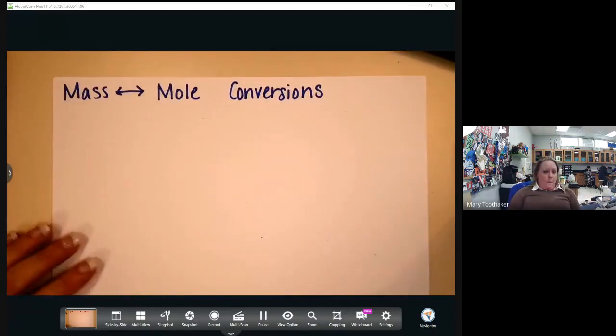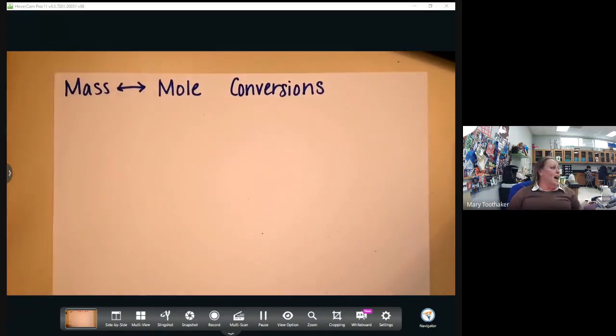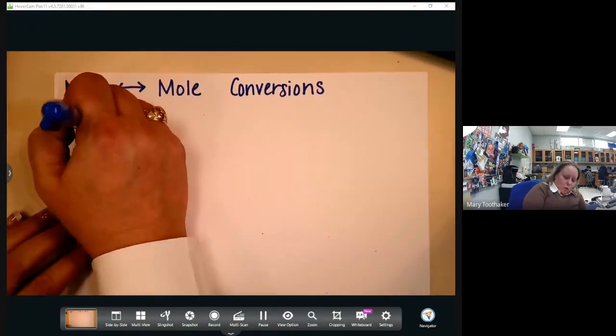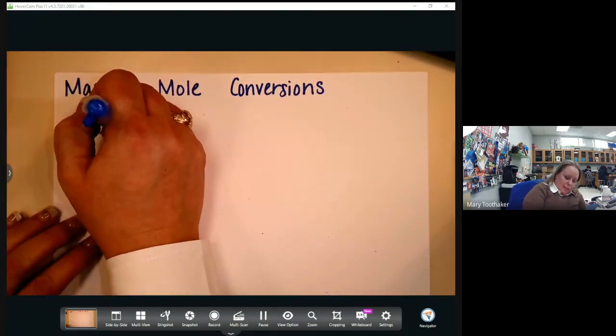Okay, so doing mass to mole conversions. Again, I am not changing the amount of my substance or my sample. I'm not changing how much I have. I'm just changing the unit that I'm calling it, like dozens and eggs, or feet and inches. The conversion factor I'm going to use, anybody want to guess?